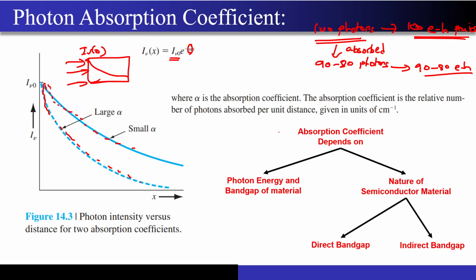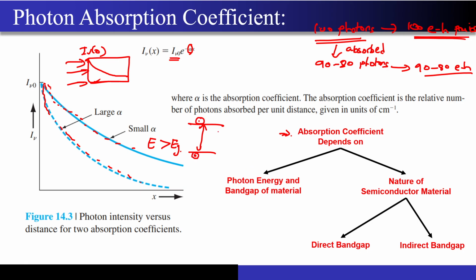Now let's look at what I have written over here. What does this absorption coefficient depend on? It will definitely depend on the band gap of the semiconductor material. If I shine a light with E greater than Eg, then of course I am exciting the electron from the valence band to the conduction band.